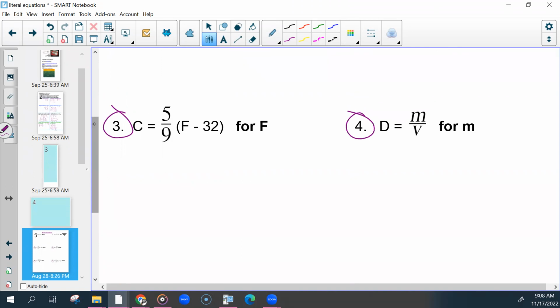Starting with number 3. We are trying to solve for f, get f by itself. Right now, f is inside the parentheses. So we need to get rid of this 5/9 before we do anything else. How would we do that? What do we think?